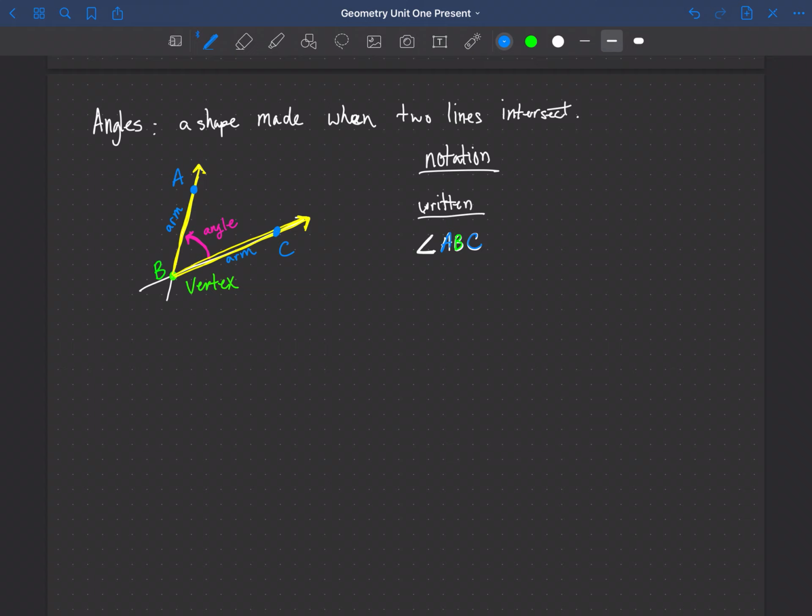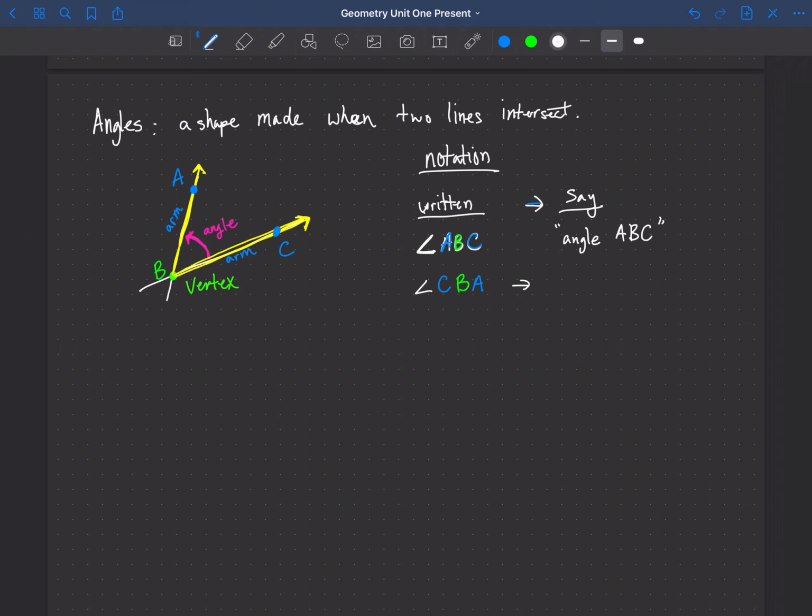We want to notice which one is in the middle between the 2 points. The vertex is B, and you can see that B is also in the middle. So in order to write the name of your angle, the vertex must be in the middle. That's important. The order of the other 2 letters does not really matter. We can switch them and it would still be talking about the same angle.